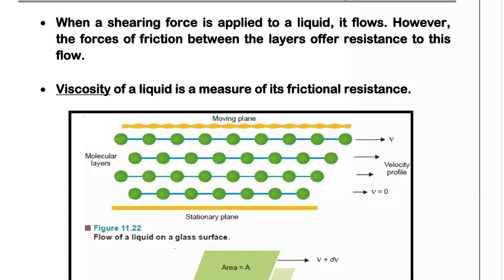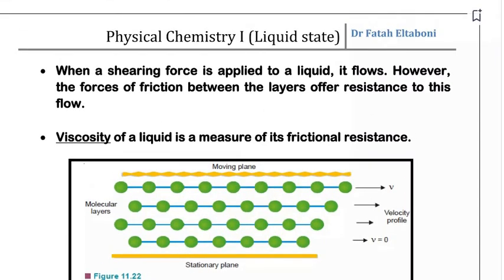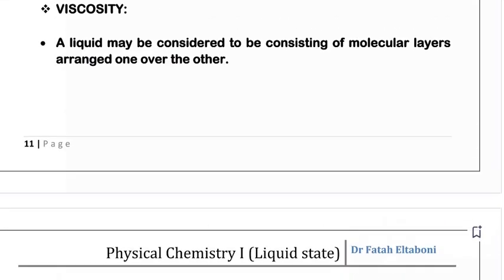So what is viscosity? This is a property of a liquid. You can see the definition here. A liquid may be considered to be consisting of molecular layers. What does it mean? So you know the word layers, you know the molecules.